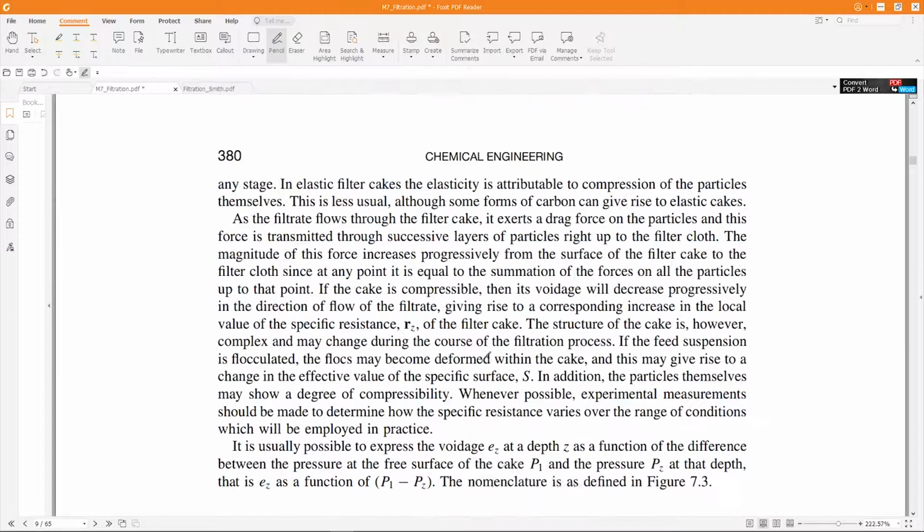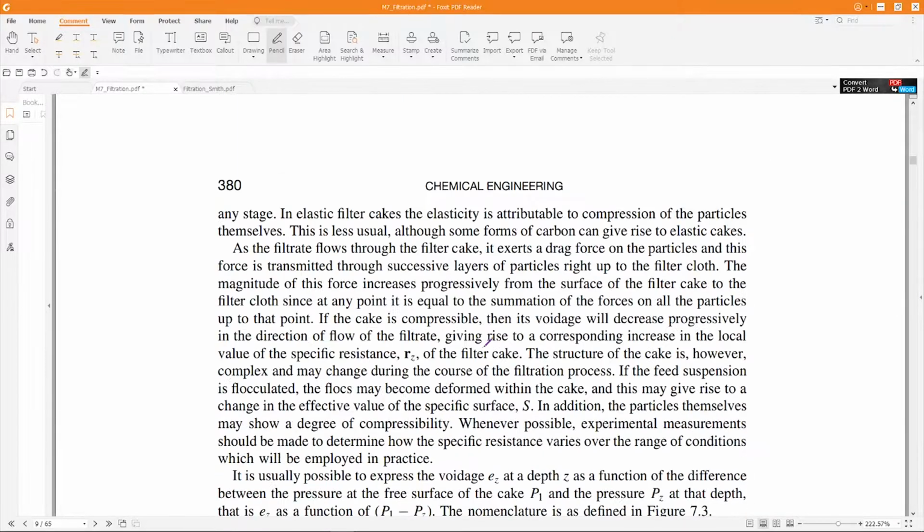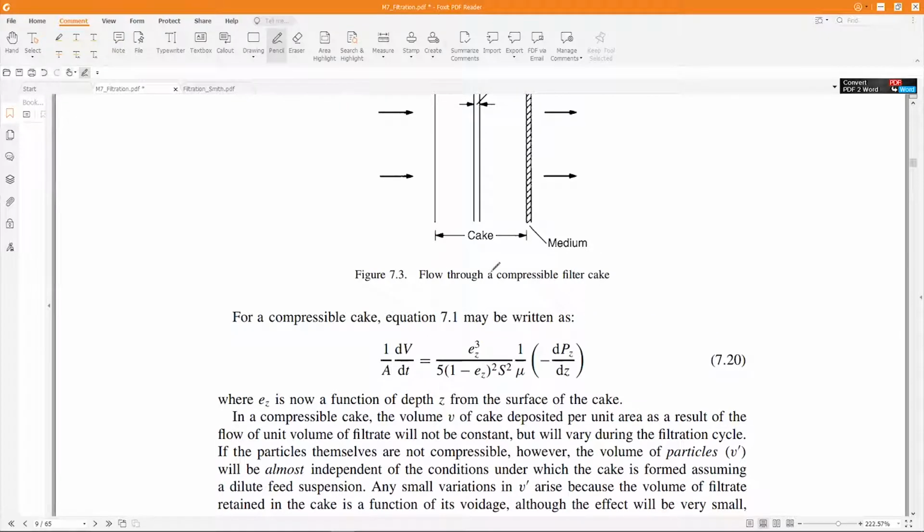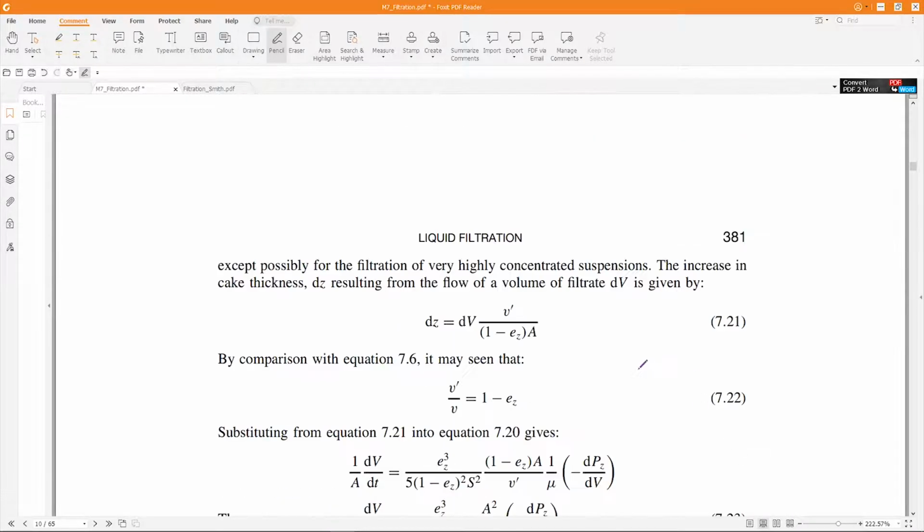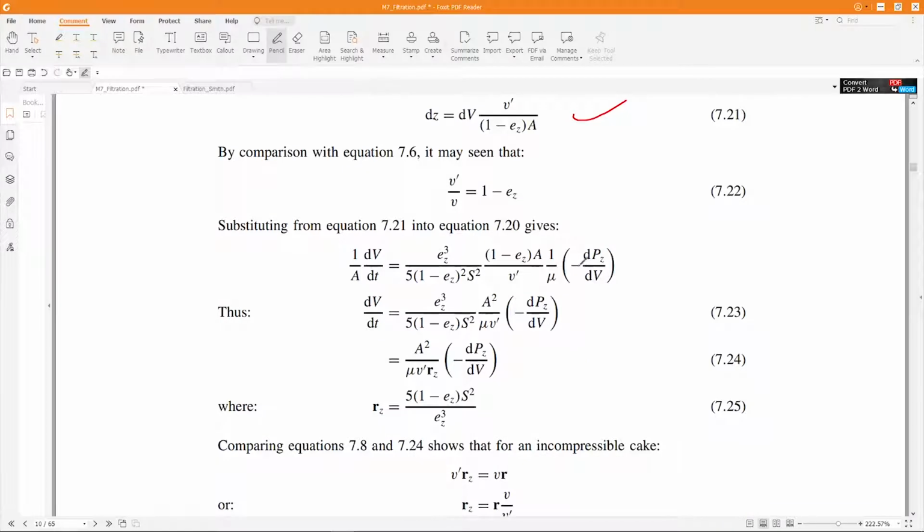So to obtain the equation for compressible filter cakes, you have to rewrite the earlier equation like this. Because now the pressure is a function of the distance Z from the surface of the cake to the bottom of the cake. The pressure in the cake will be a function of Z, because this cake is compressible now. So you can do the integration, and so they have done here.